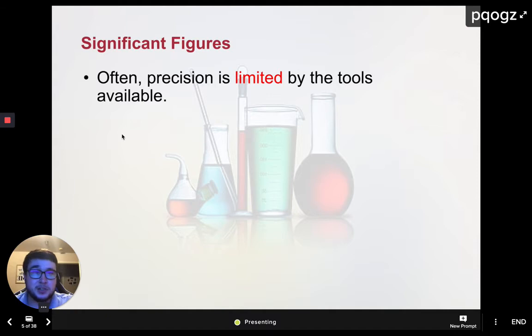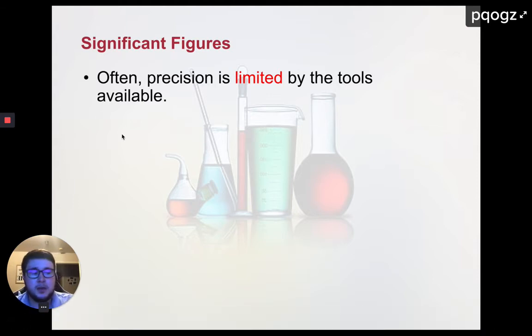All right, so often precision is limited by the tools available to us. So for example, if I am in the kitchen cooking dinner and I need to have a certain number of grams of an ingredient or a certain number of ounces, if I have a digital scale that will read out to the 1/100th of a gram, or like 2 decimal places, that is much better than if I have a balance from Walmart where you just have something on one side, something on the other, and you're trying to make it balanced.